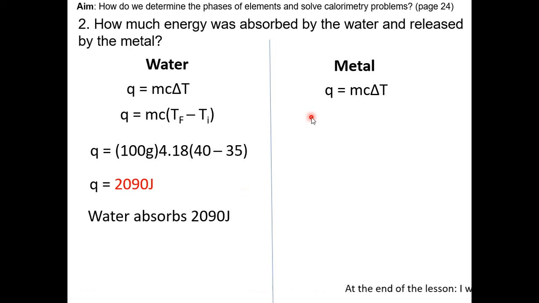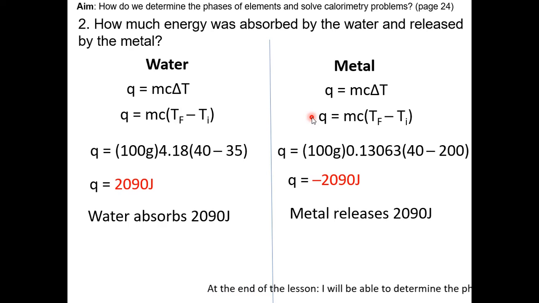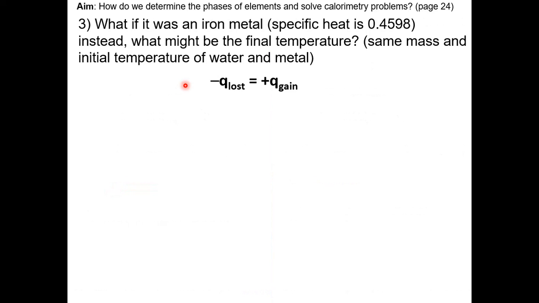We will use Q equals mcΔT. If we plug in the numbers, we get Q is equal to negative 2090 joules. So the metal released 2090 joules. As a reminder, a negative sign means releasing energy. A positive sign means absorbing energy. You can do the rest of the practice questions on your own.